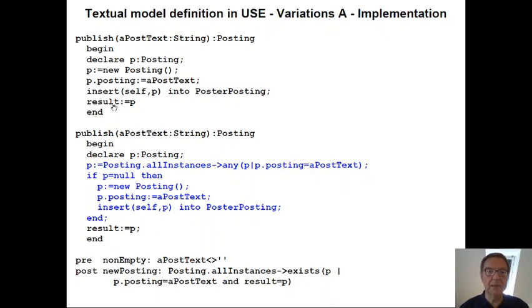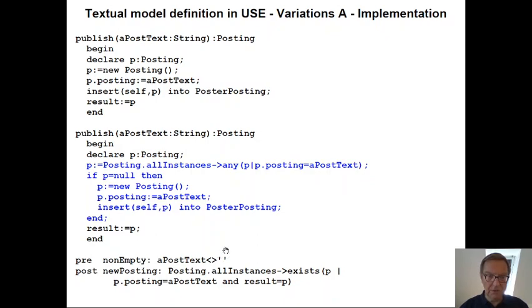Last step here in the implementation was that the result was assigned this newly created posting object p here. Result is a predefined variable with which you describe the result of an operation that returns a value.